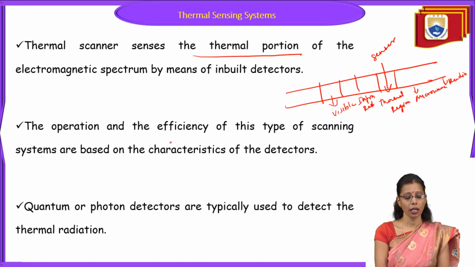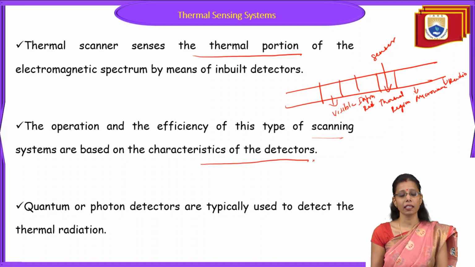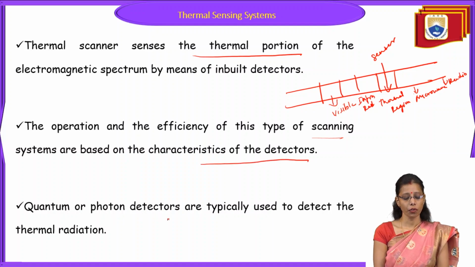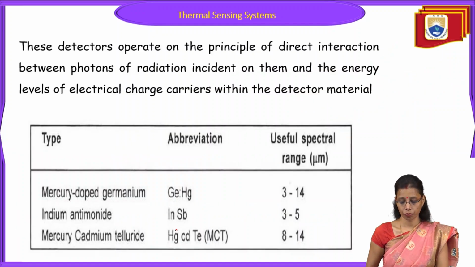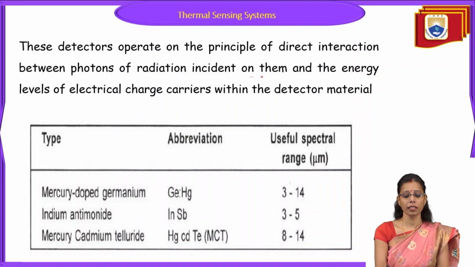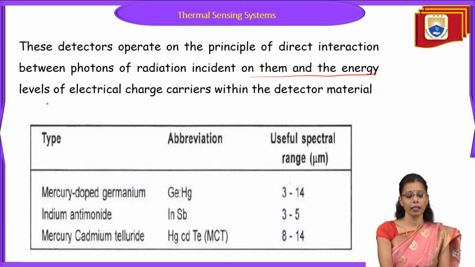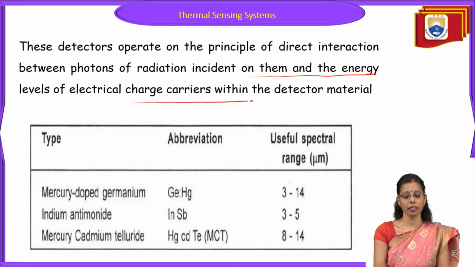The operation and efficiency of this type of scanning system are based on characteristics of the detectors. So quantum or photon detectors are typically used to detect the thermal radiation. These detectors operate on the principle of direct interaction between photons of radiation incident on them and the energy level of electrical charge carriers within the detector material.